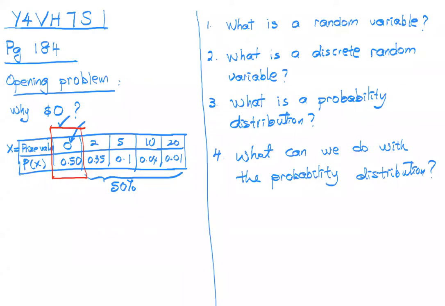Okay, now. Third question. What is a probability distribution? When you distribute, correct? You distribute the probability, am I right? So what is a probability distribution? It's a distribution of probability. We are not going to say it like that. This is a probability distribution.